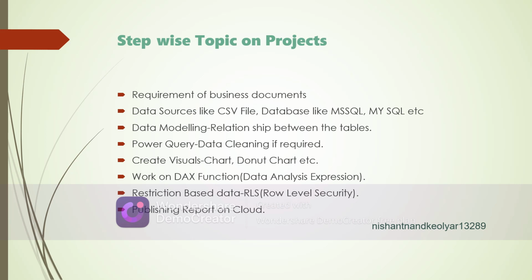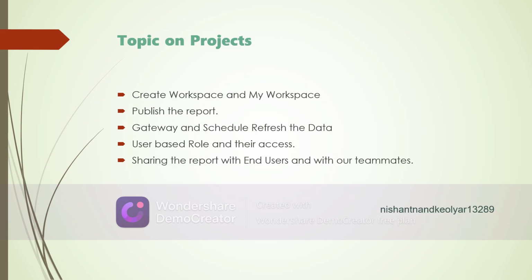Then we click on sign in, and the Power BI cloud app will open in your browser. Then you can follow the next steps in publishing to the Power BI cloud. The next step is to create a workspace and My Workspace.